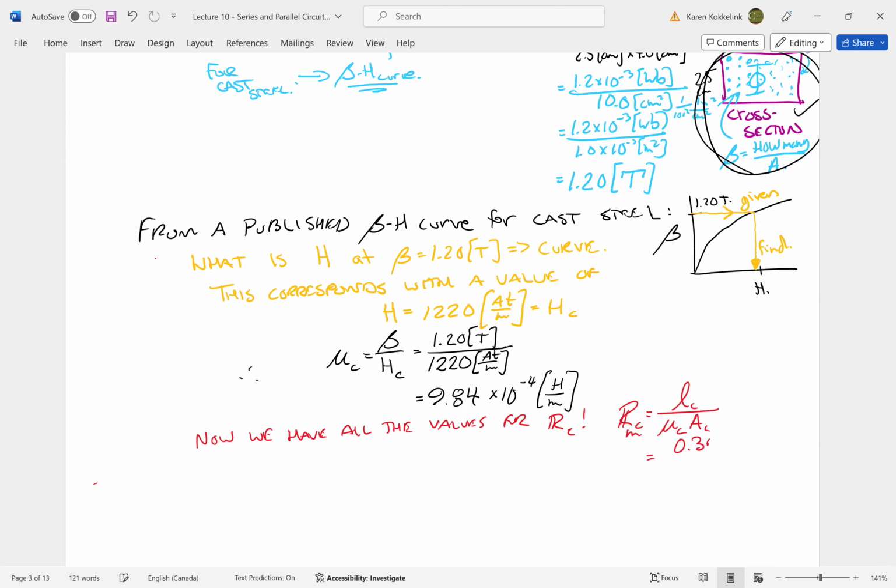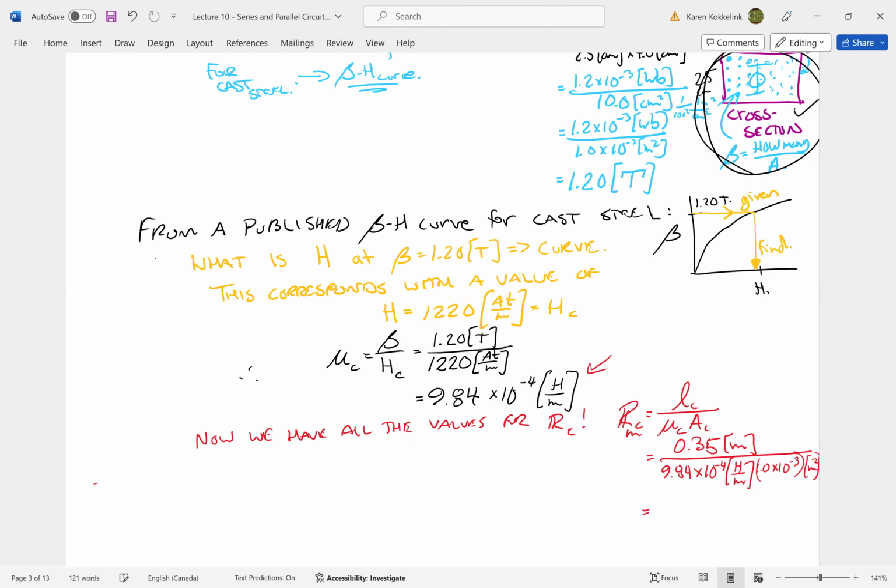So from above, 0.35 meters. We went to great lengths to calculate this. We just did that. It's here.